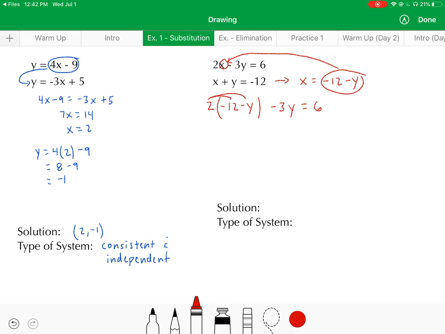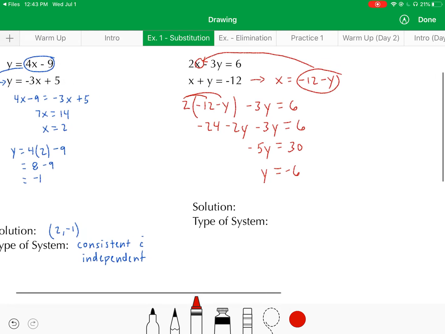I'll distribute. Okay, variables to combine together to give me negative 5y. Get my constants over to the other side. End up with y equaling negative 6. Okay. And then I'm going to plug negative 6 in for y into either of my equations in the system.